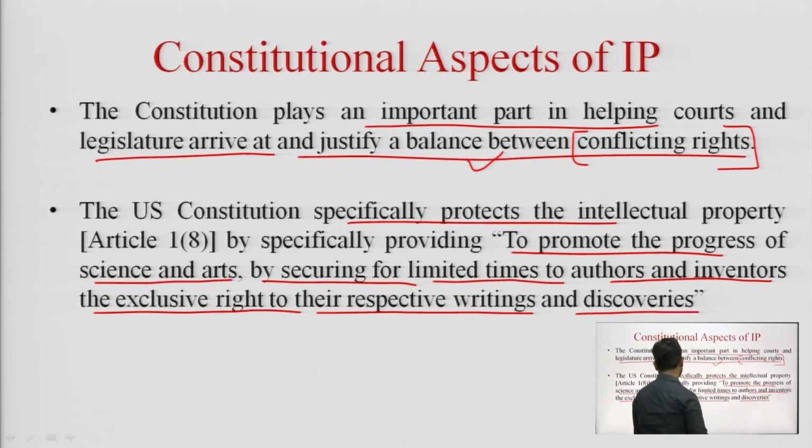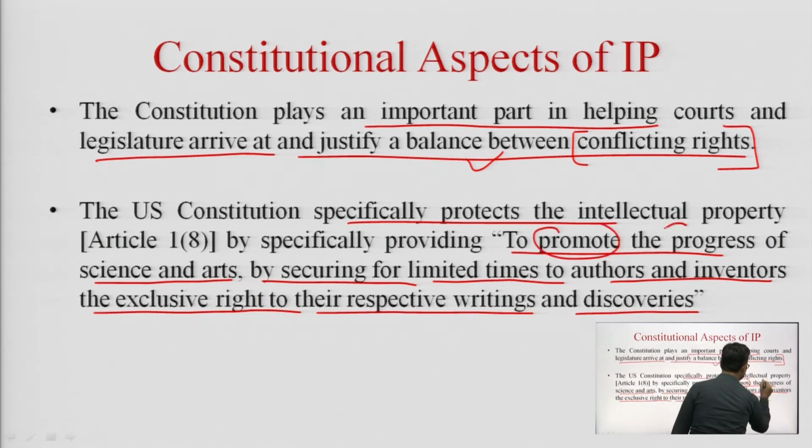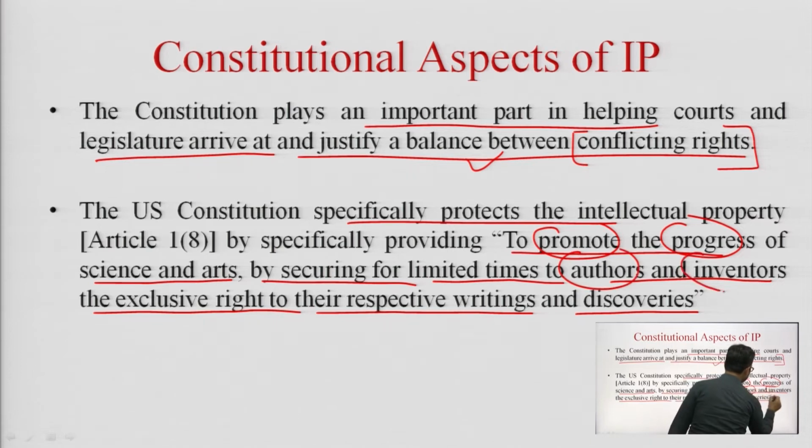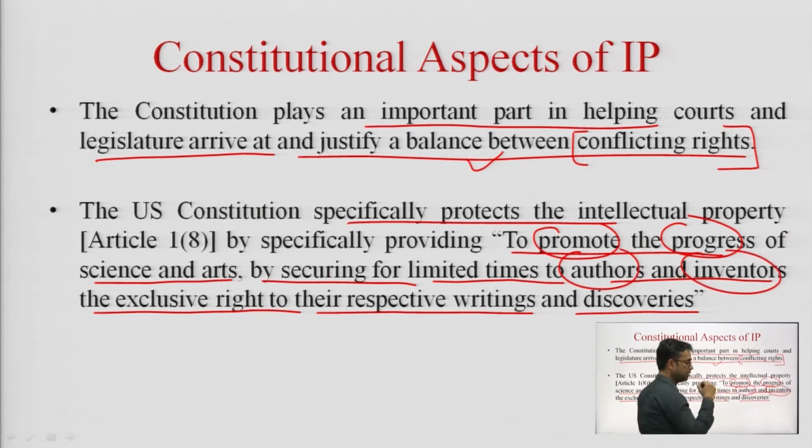So in the US they have given the protection to promote the progress of science and arts. So whenever the idea is related to promotion and progress of science and arts, then the rights will be given to the authors and the inventors. Authors means if they are writing something new, or inventors if something is newly invented, exclusively for writings and discoveries.